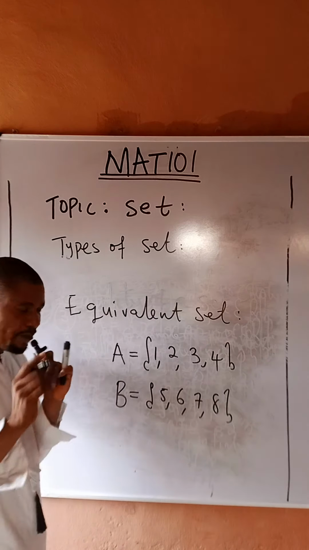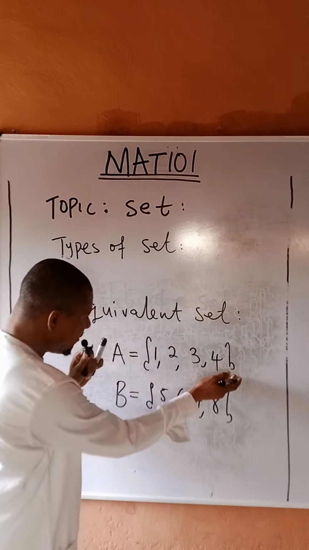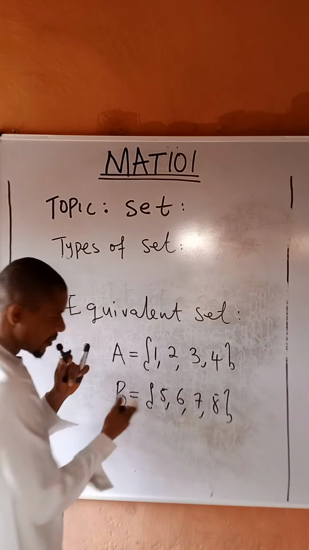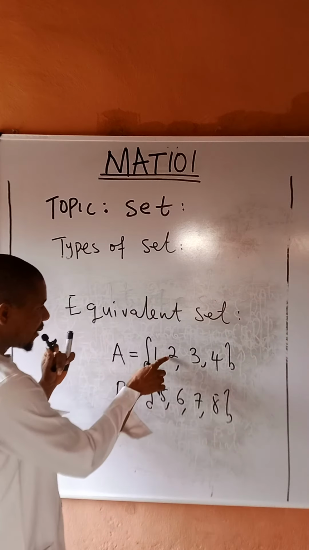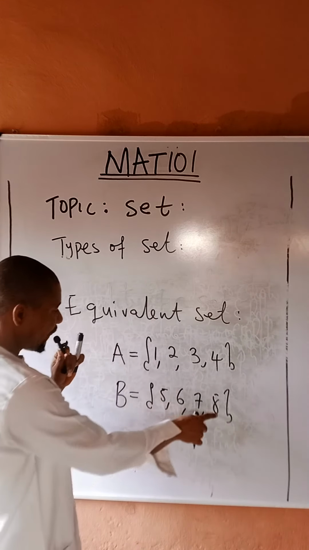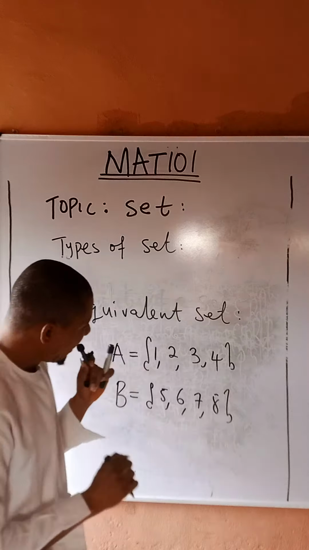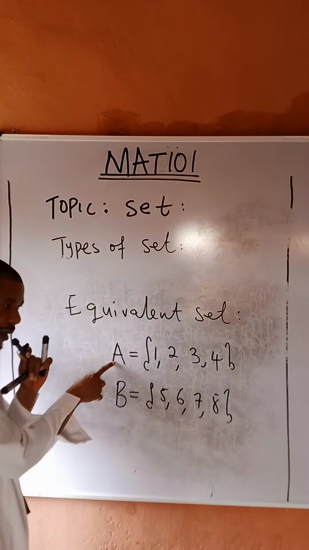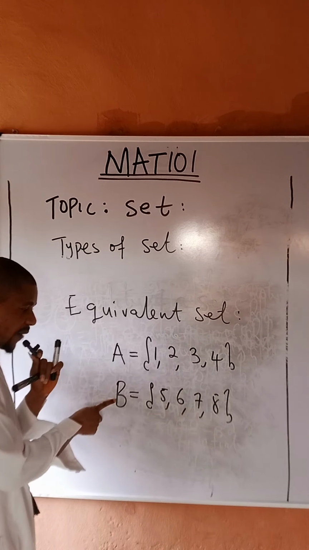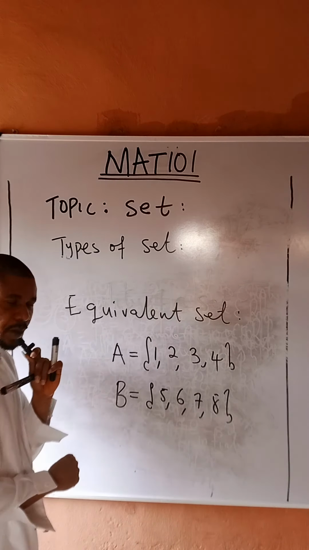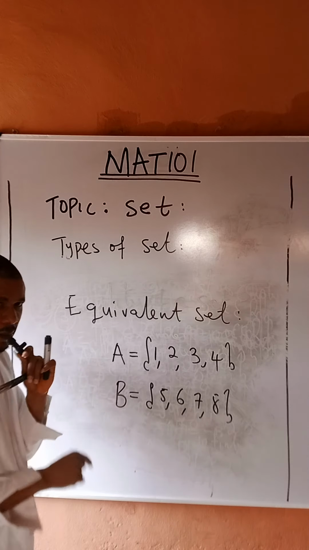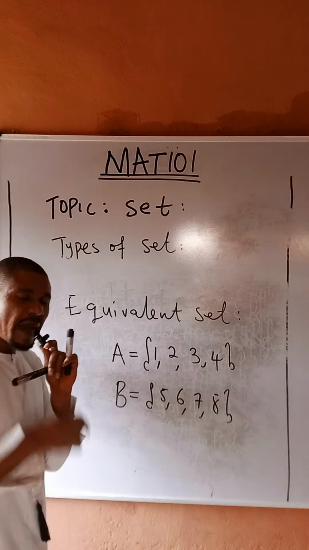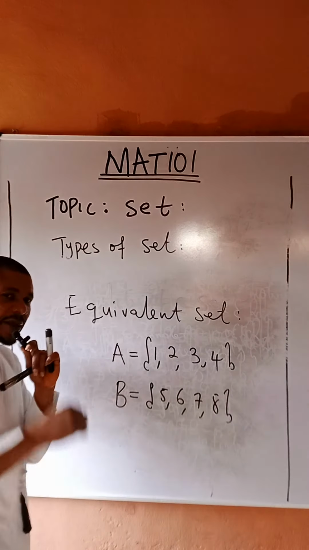They are equivalent because the number of elements in set A is equal to the number of elements in set B: 1, 2, 3, 4 and 1, 2, 3, 4. Meaning that their cardinality is the same. The cardinality of set A is 4, and the cardinality of set B is 4. So when two sets are equivalent, their cardinality must be equal.